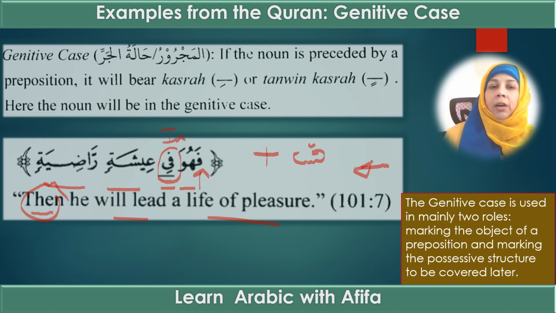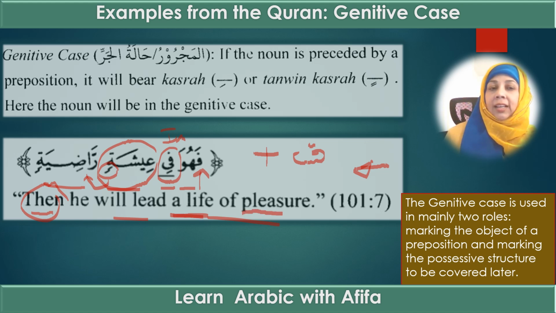So fahuwa fi ishatin. I'm not going to join it here, just to explain it word by word. Fi ishatin, it means a life. Ishatin means a life, and it is indefinite because of the tanween kasra at the end. And we know it is tanween kasra because it was preceded by fi, right? So in a life of pleasure.